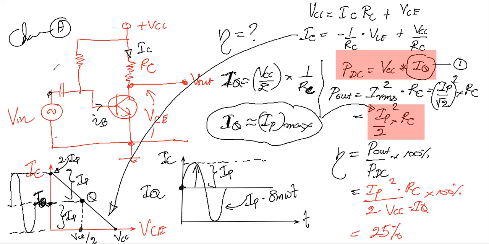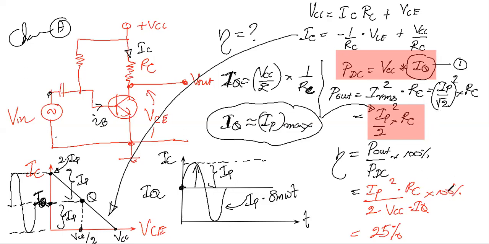Here I just computed the collector efficiency for the series feed class C amplifiers. Just substitute this P out to here and then solve it.